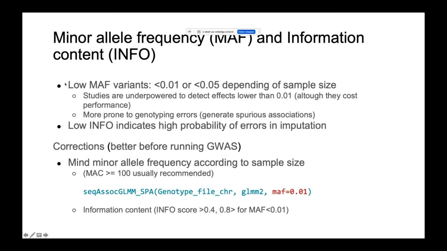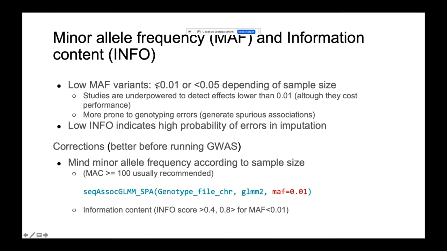So we want to exclude variants of low allele frequency, since studies are generally underpowered to detect associations for variants with a too low allele frequency, while they do cause performance issues. And they also make your analysis more prone to genotyping errors.